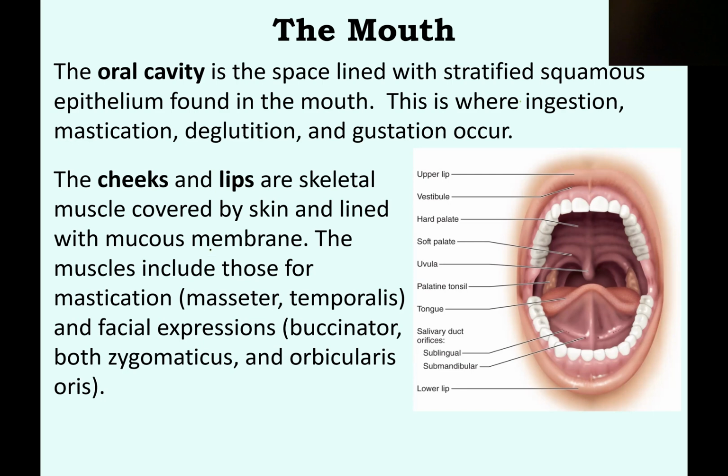These two, masseter and temporalis, elevate the mandible. The smaller digastric muscle is going to depress the mandible. So for facial expressions, you had buccinator, the zygomaticus major, zygomaticus minor, and orbicularis oris. So they're also involved in ingestion, mastication.